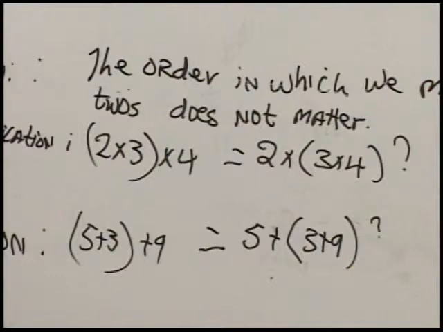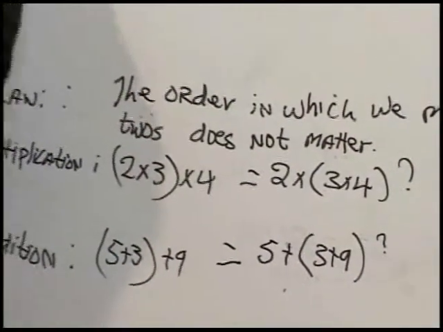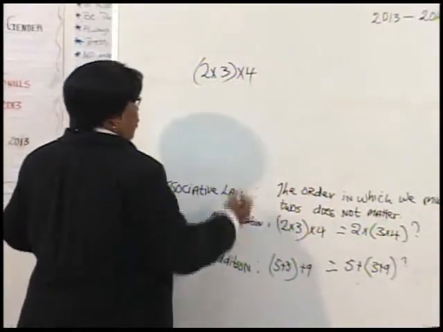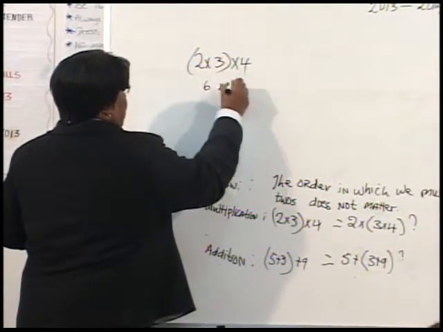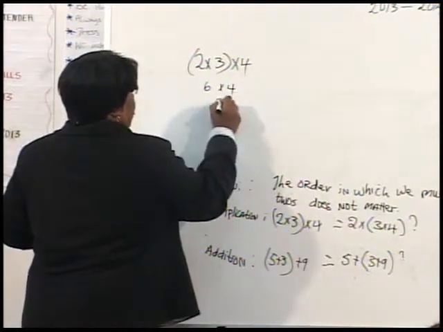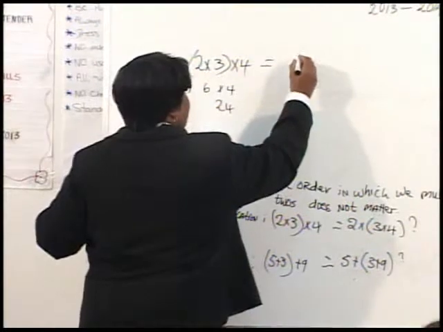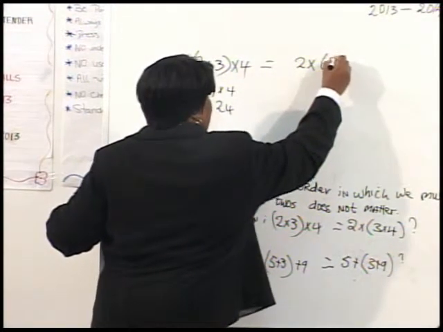What did we find out? We found out that 2 times 3 is equal to 6, so this was the operation she was taking care of. 2 times 3 gave her 6, and 6 times 4 is 24. Now over here, what did we have? 2 times, open bracket, 3 times 4.